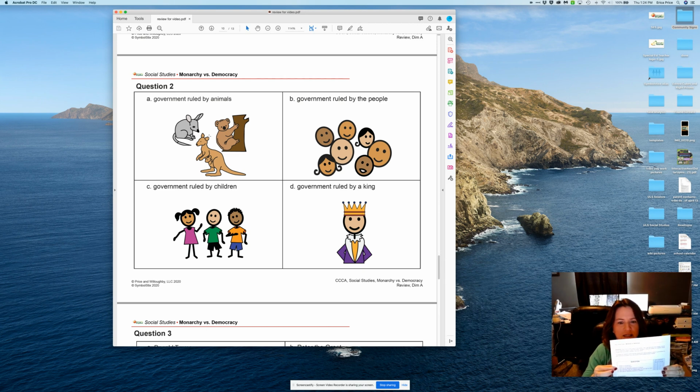What is a democracy? Is it A, government ruled by animals, B, government ruled by the people, C, government ruled by children, or D, government ruled by a king? What is a democracy?